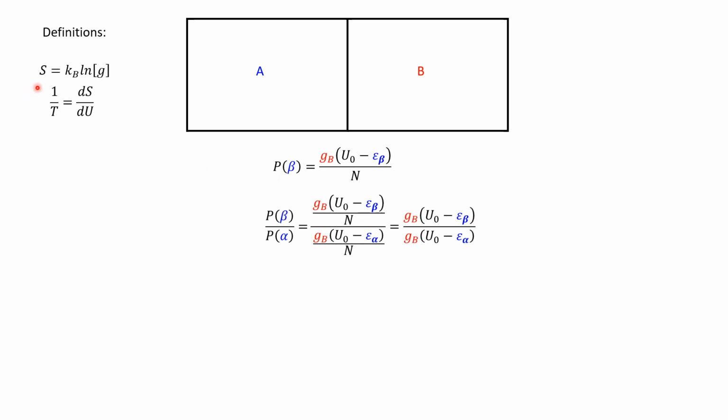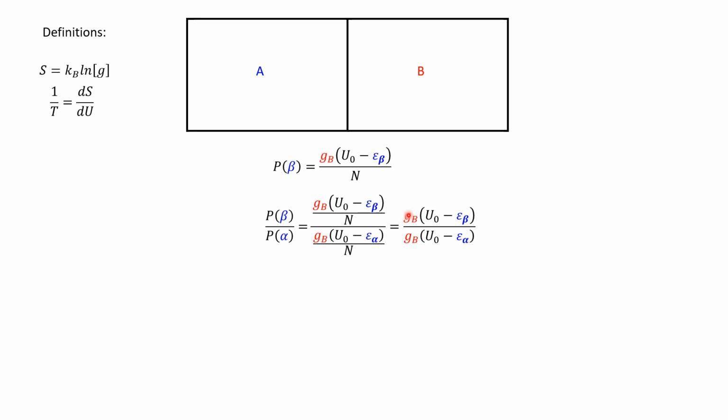And now we recall our definition. We have defined the entropy as being the product of Boltzmann's constant and the log of the multiplicity, and the inverse of the temperature as being the derivative of the entropy with respect to the energy.